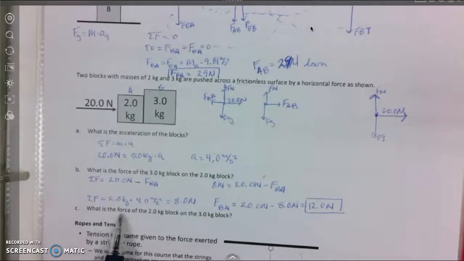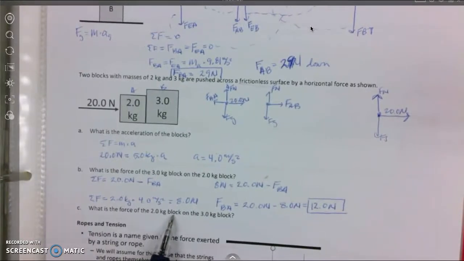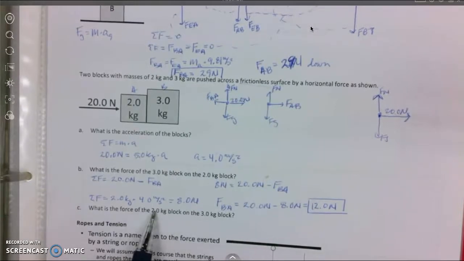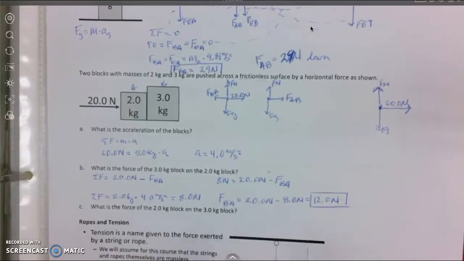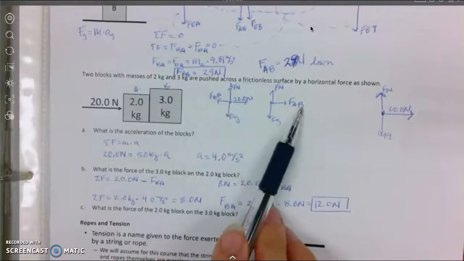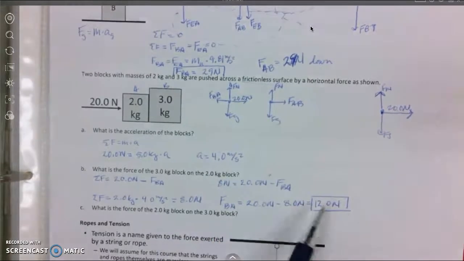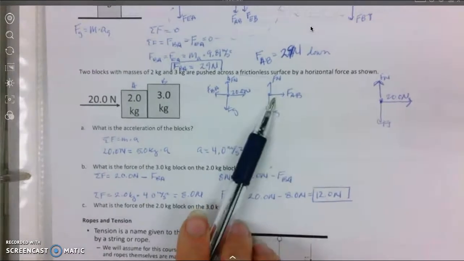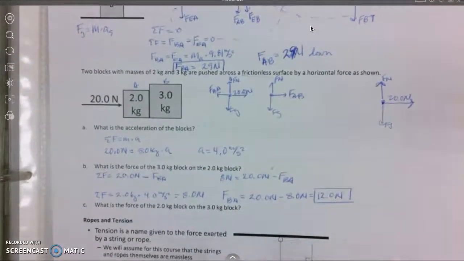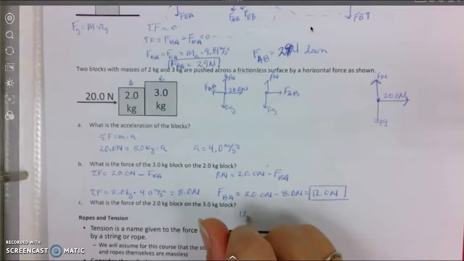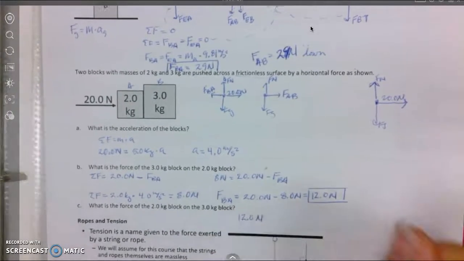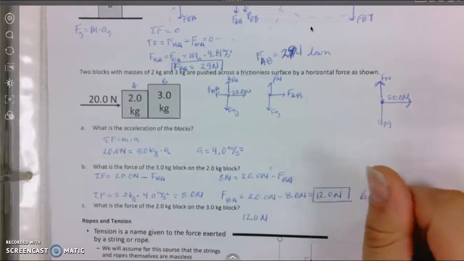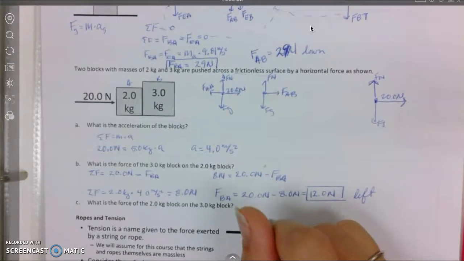So then what is the force of the 2 kilogram block on the 3 kilogram block, or what is the force of A on B? Well, A on B, the force is equal and opposite to that. So it's still 12 newtons, but this time it's going to be to the right, where before it was to the left. Maybe we'll write that in, because the force of B on A was to the left, and this is to the right.